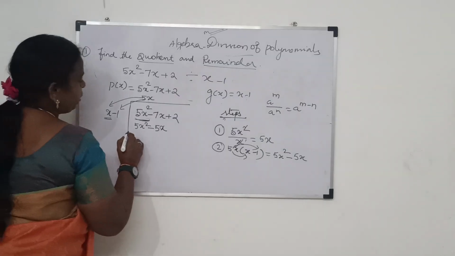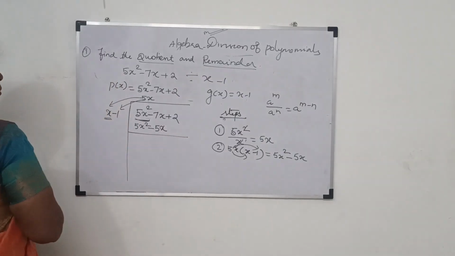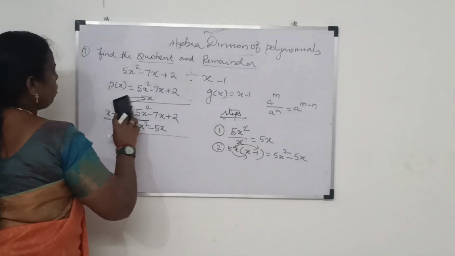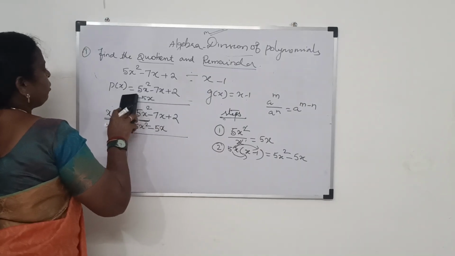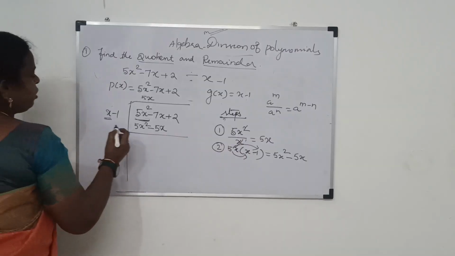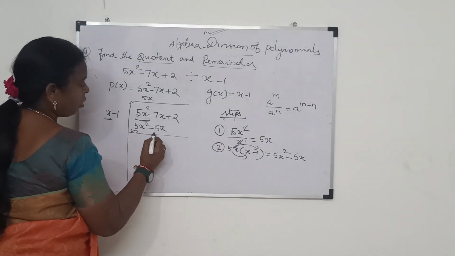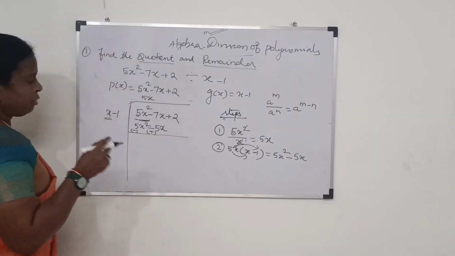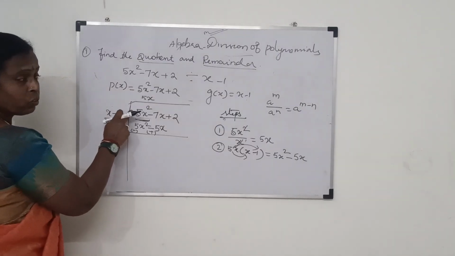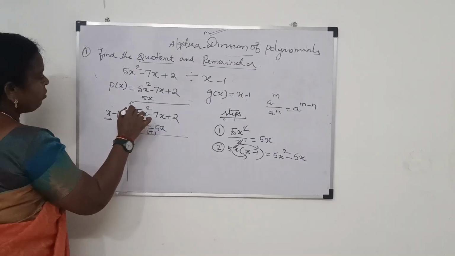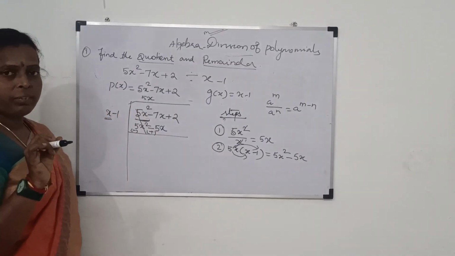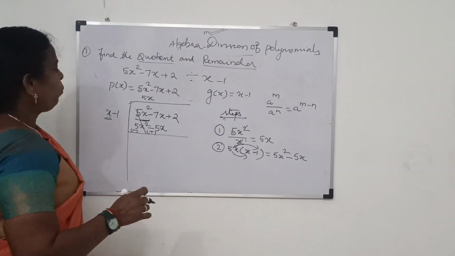Next, you have to subtract this, as in the usual division method. How should we subtract? Change the sign of the terms and add. So plus 5x square and minus 5x square will automatically cancel.